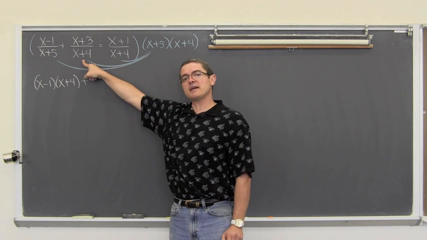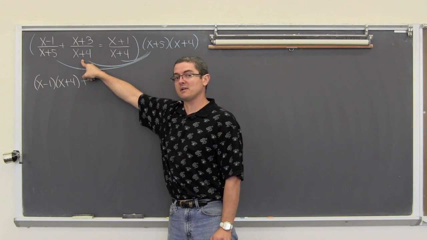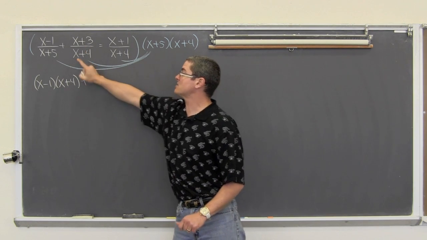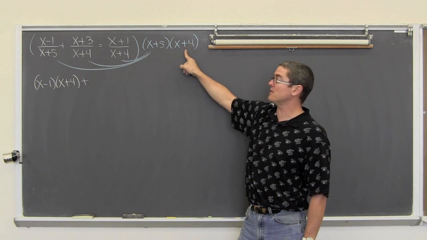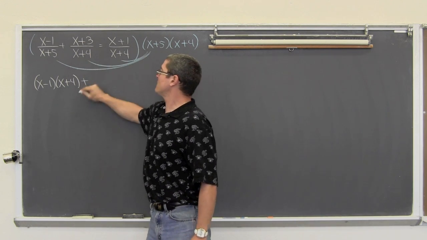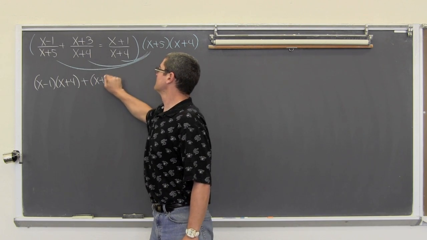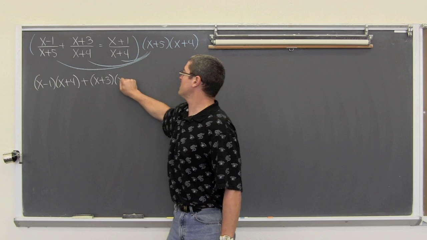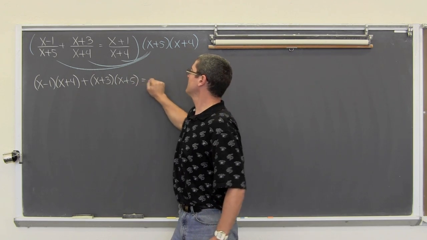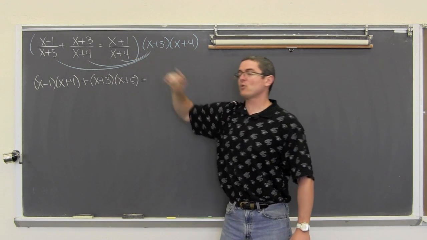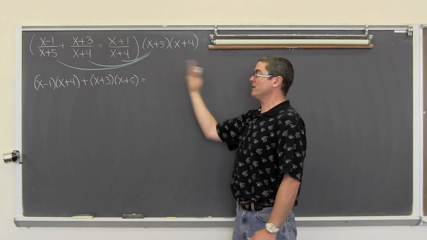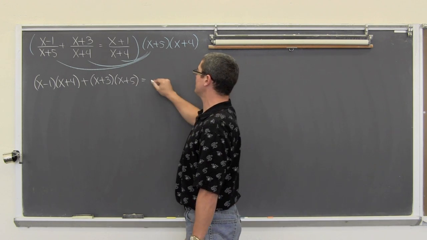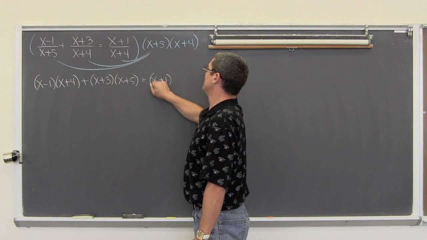Well, now when we get to the second term, this division of x plus 4, that's what a fraction bar is, is going to cancel out with this multiplication of x plus 4, giving us x plus 3 times x plus 5 equals, the x plus 4 cancels out with the only term on the right-hand side of the equation, and we end up with x plus 1 times x plus 5.